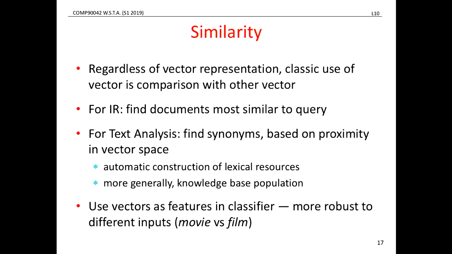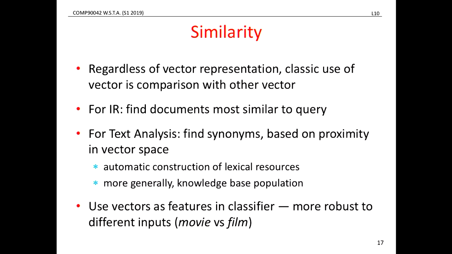Oftentimes, we're interested in looking at text and seeing whether we can automatically predict that, say, Barack Obama was born in Hawaii, and can we actually see instances of that in the text? A good way of doing that is this kind of vector learning, looking at words in context and then generalizing and making these predictions. There's a bit more mechanics and machine learning on the way to actually realizing that gain in a knowledge base setting.